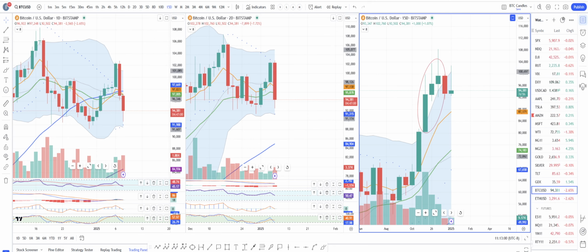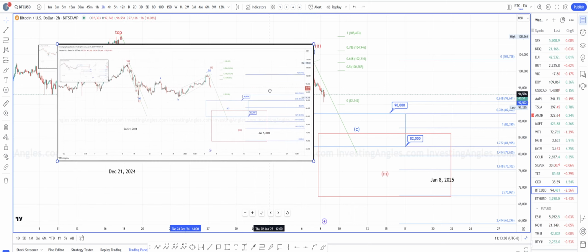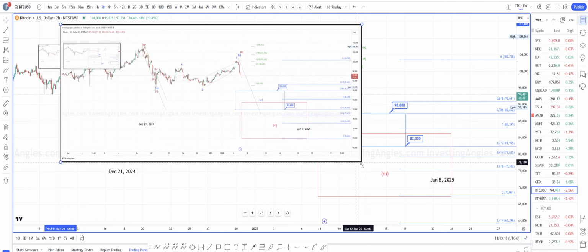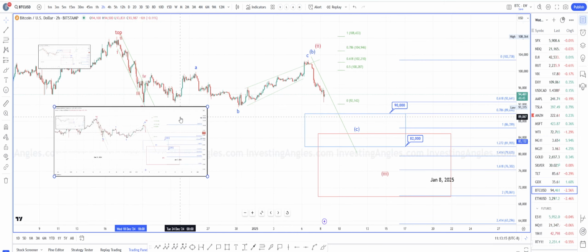And for Bitcoin, this was our projection. This was our Elliott Wave structure, which we updated just yesterday, and we said this is potentially a move here down.